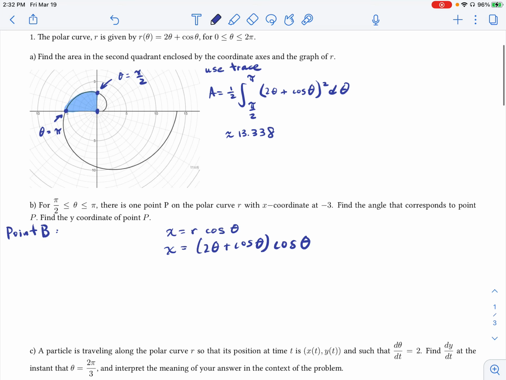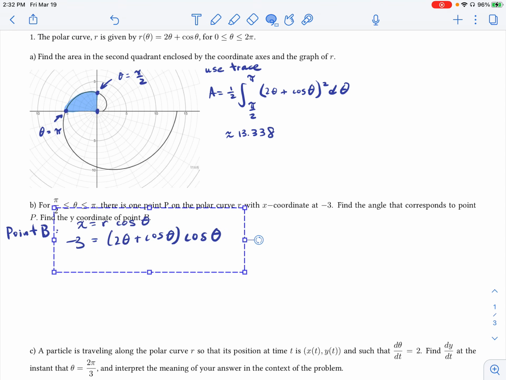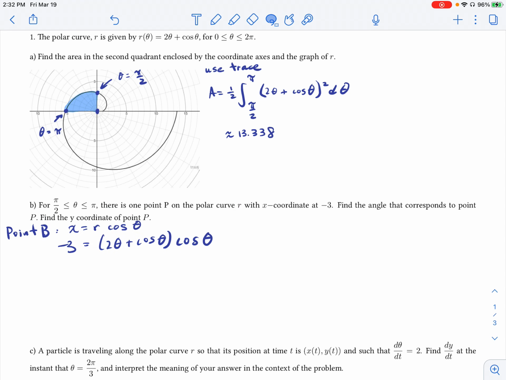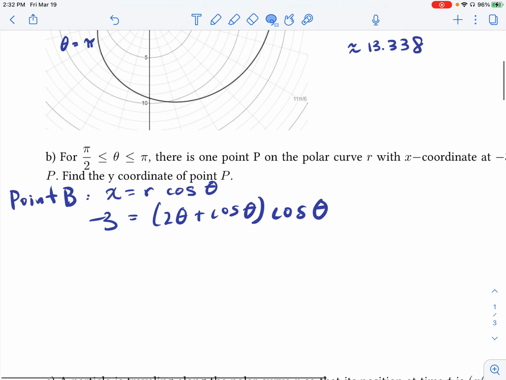When this equation is equal to -3, that's where the point P is. So when our x equation is equal to -3, that's where our point is.